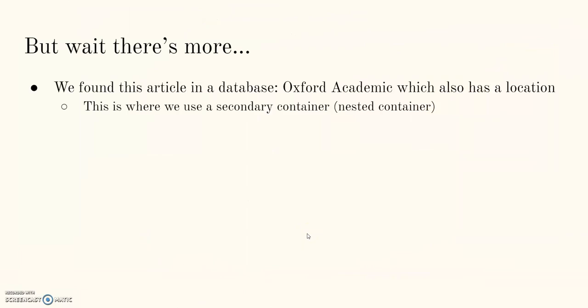So say we found this article in a database. We can see from the picture I showed before that it was through the Oxford Academic, which is also its own location of where this is found. This is where you would use your secondary container or a nested container.